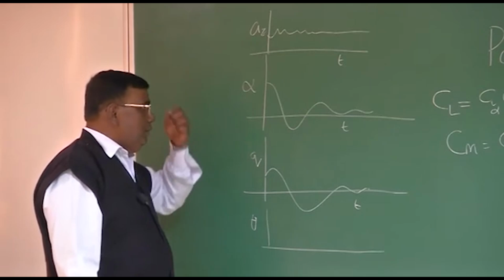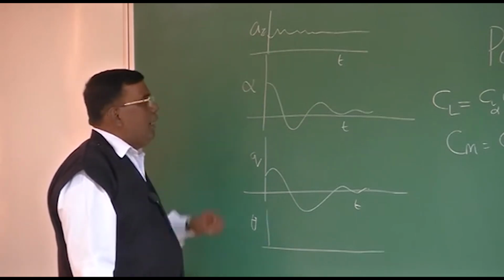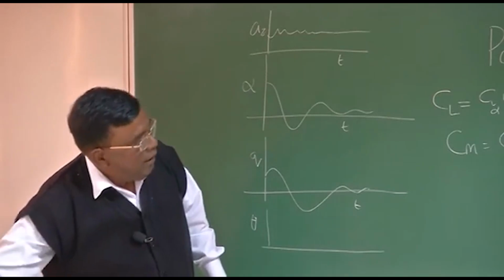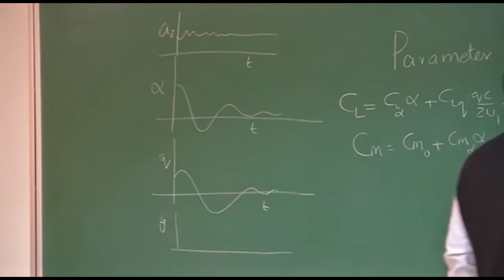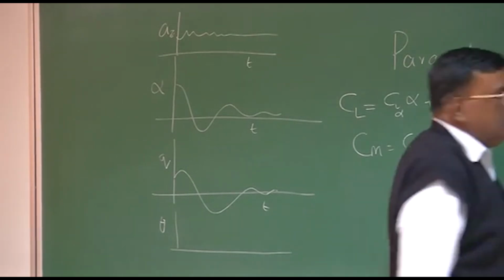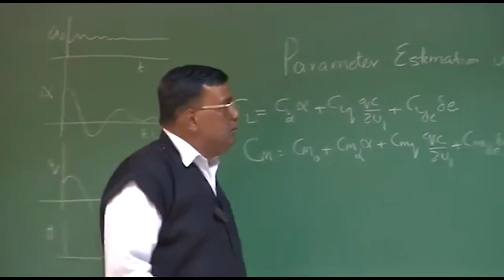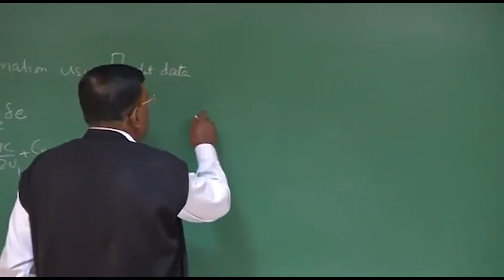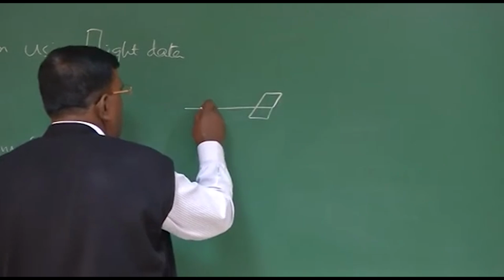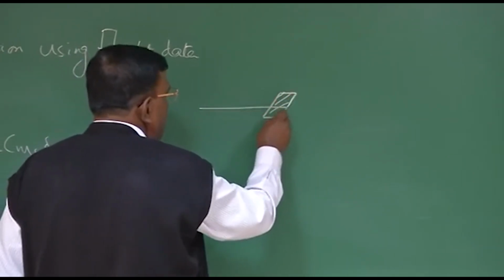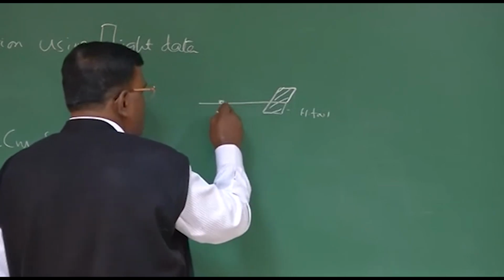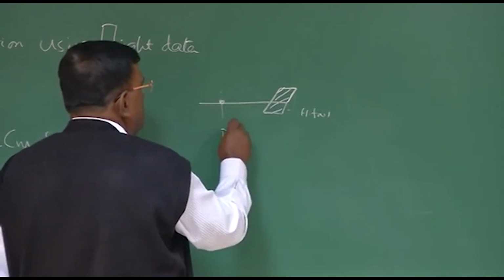Before you do the experiment, if somebody asks you how to measure angle of attack, let us recapitulate how we measure angle of attack. Let's say there is a horizontal tail, and let's say it can move about a pivot P1.